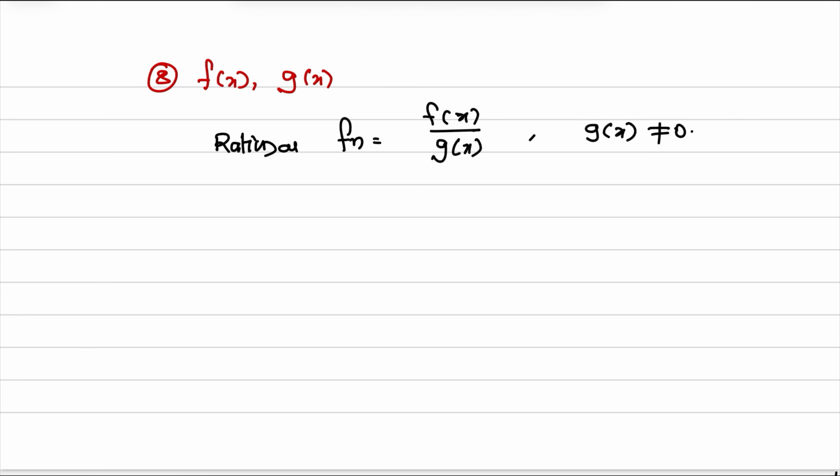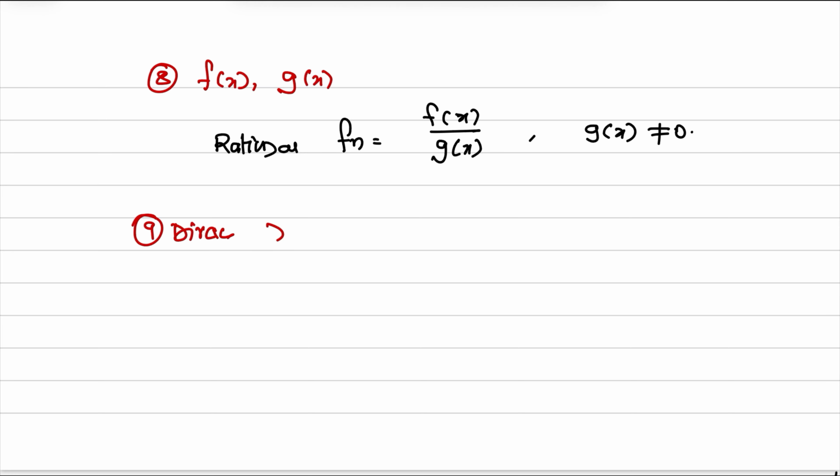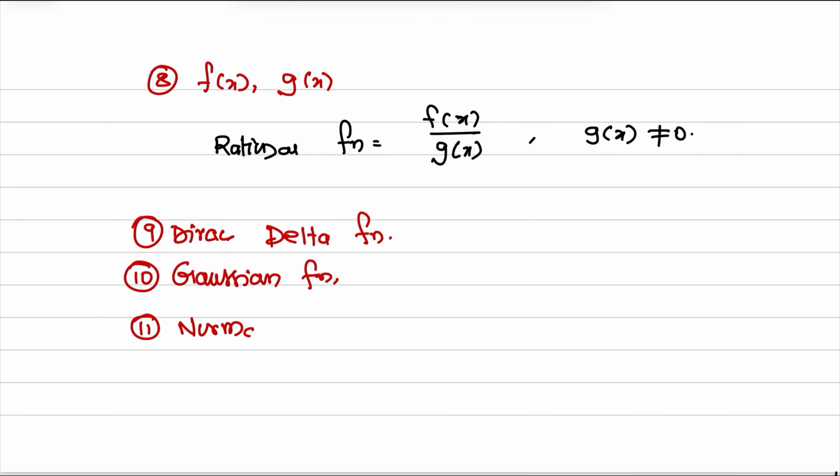Function f(x) is equal to sin x, function f(x) is equal to tan x, numerous functions, Dirac delta function in quantum theory, used in quantum physics, Gaussian function and normal distribution function, in probability normal distribution function.